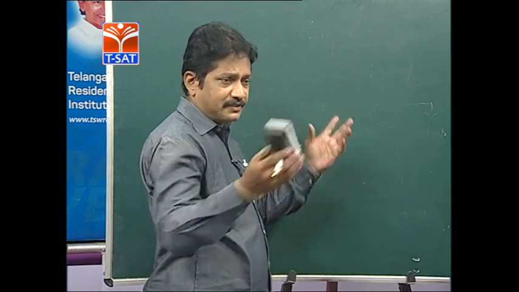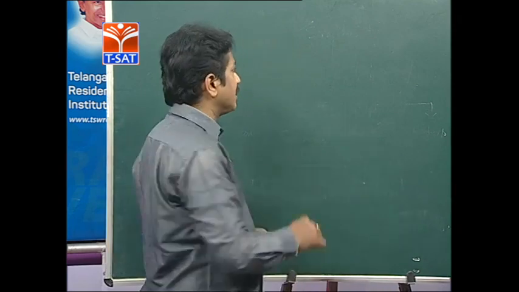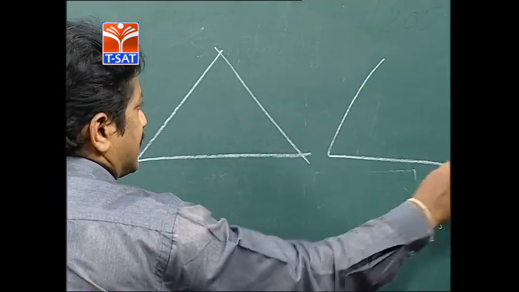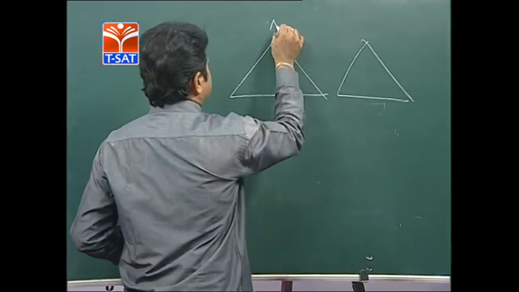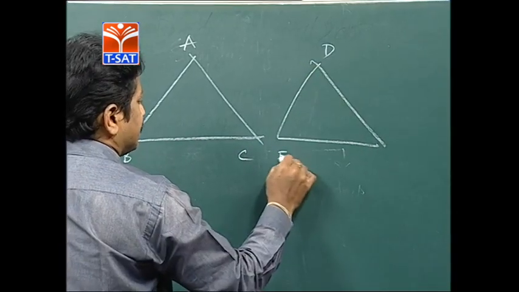Instead of taking similarity in general, we will take similarity for triangles. I am drawing two triangles here, triangle ABC and triangle DEF.